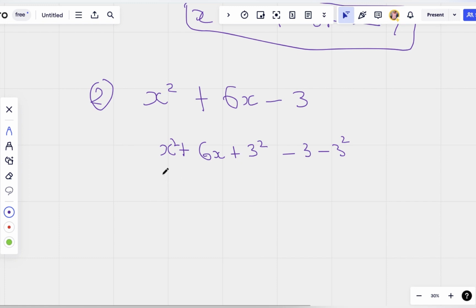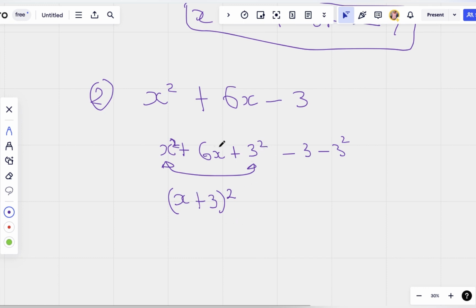And then the next thing, we solve this and this together. We factorize this by writing x plus 3, because of this plus 3, and because this is square, we square both of them. If you expand it, you're going to get this one back. 3 squared is 9.